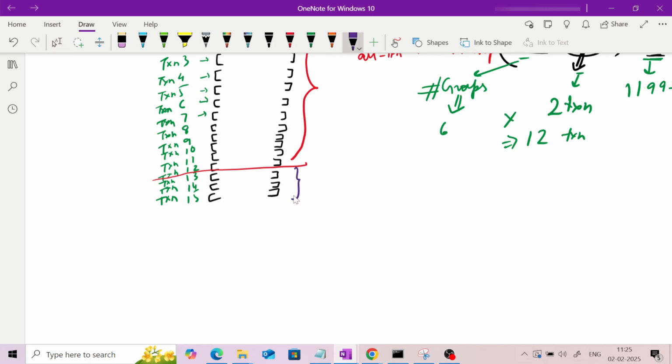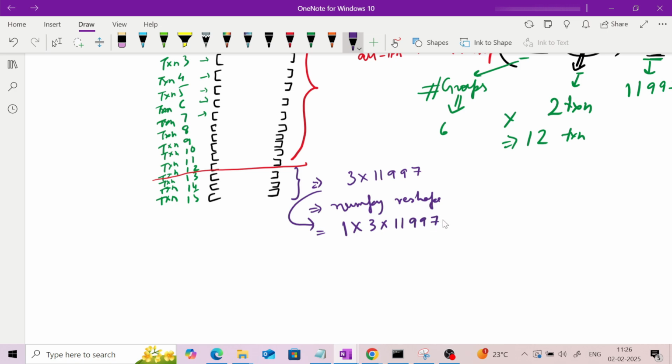If I have to explain what it does here, these 3 transactions earlier had the shape of 3 by 11,997, but we want to group these 3 transactions into one group. So we use the numpy reshape function, and we convert these 3 transactions into a 1 by 3 by 11,997 array.